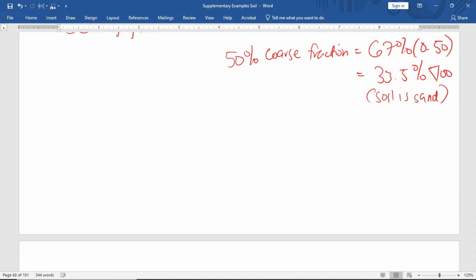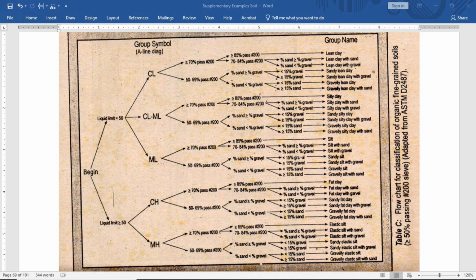Since yung percent passing natin sa number 200 para sa soil C is greater than 50, iba yung gagamitin nating table. Begin tayo ulit dito. Ang liquid limit natin para sa soil C is 47.